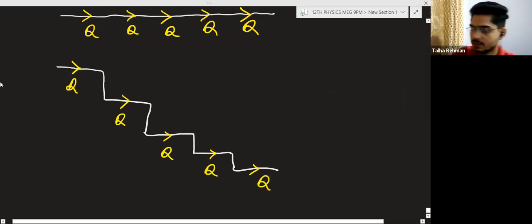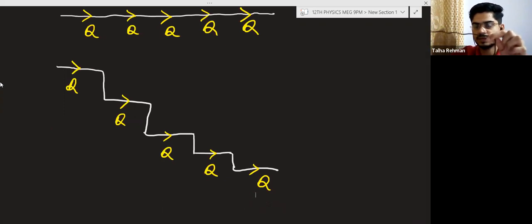Like Hamza, see here. This is the straight wire, and there will be some charge in this wire. Now if I fold this wire like this, the charge will not change, right? Charge will not change if I fold the wire.